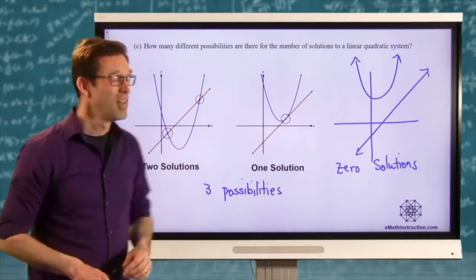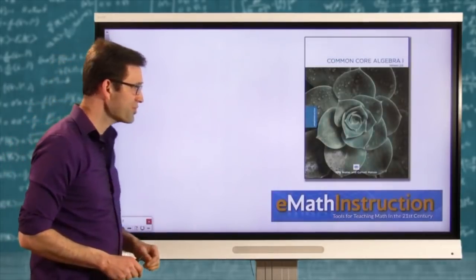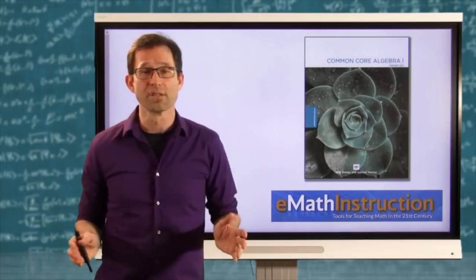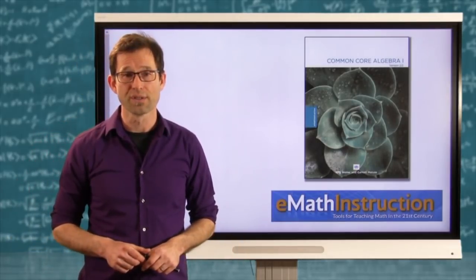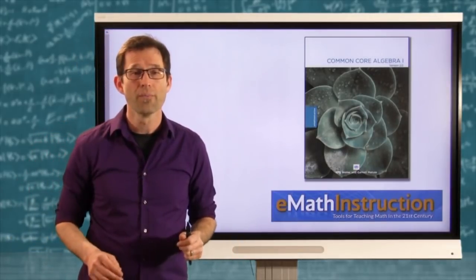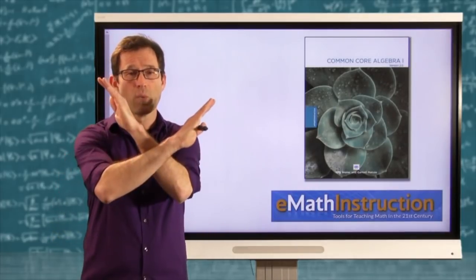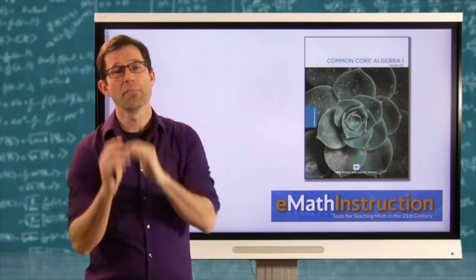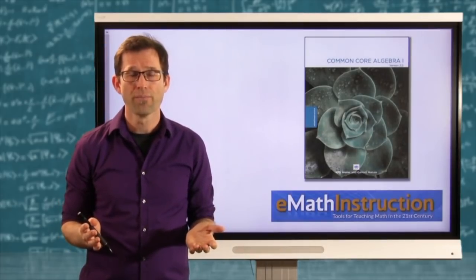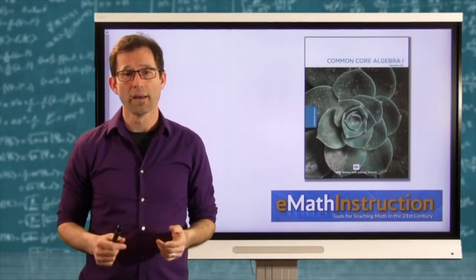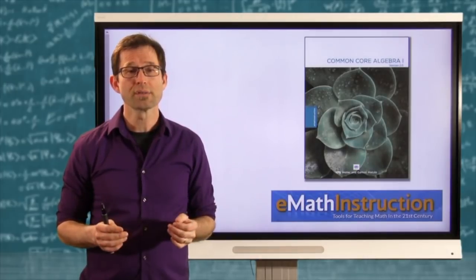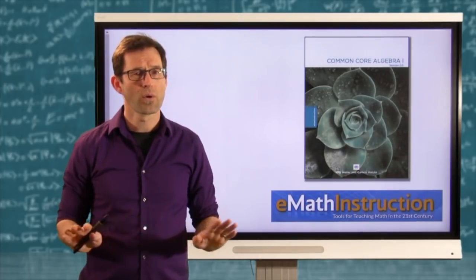Anyway, let's wrap this up. Linear quadratic systems are very similar to linear systems, i.e. 2 lines. You know, the big difference, of course, is with 2 lines, you can either have the lines intersect once, or you can have the lines be parallel and not intersect at all. With parabolas and lines, you can have them intersect twice, only once, or not at all.